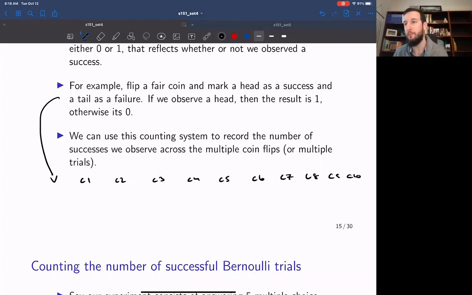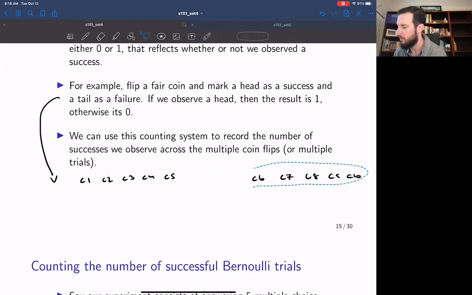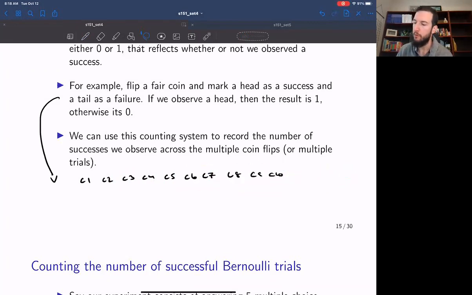let's suppose that we flip a coin 10 times. One of the possible outcomes might be head, head, tail, tail, heads, tails, heads, heads, tails, heads, right?